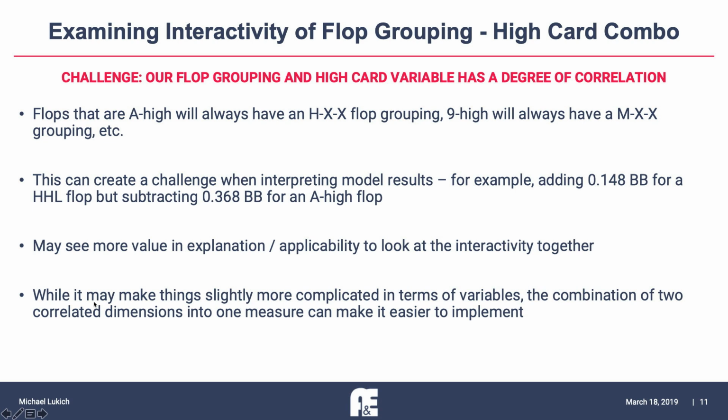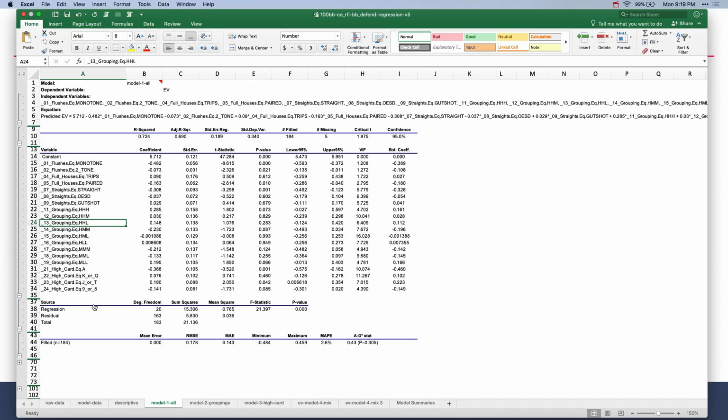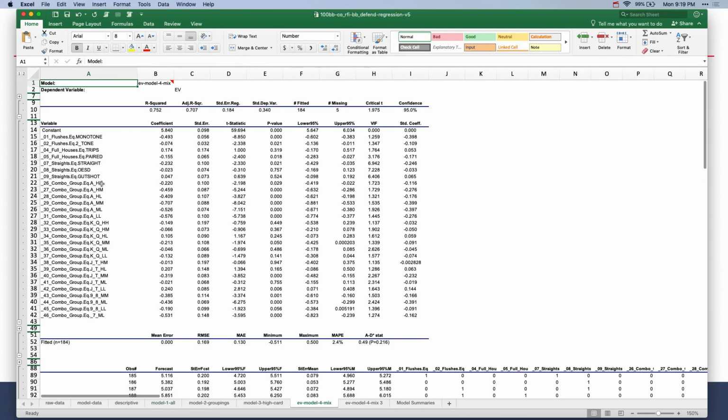While that might make things a little bit more complicated in terms of variables, I find that combining the two correlated dimensions into one measure can make it easier to implement. So what I ended up putting together was this fourth model here, where I combine those two, and I have the high card, and then I put the low two cards in the grouping here.